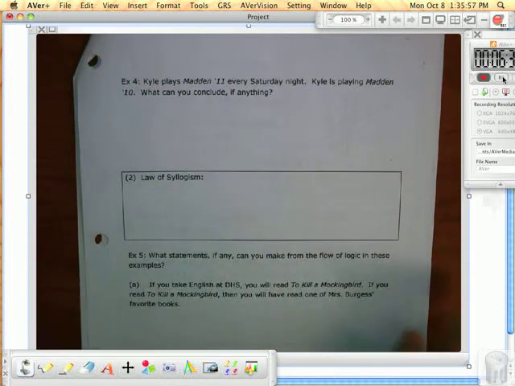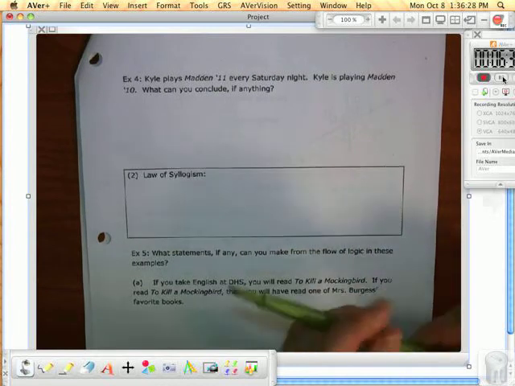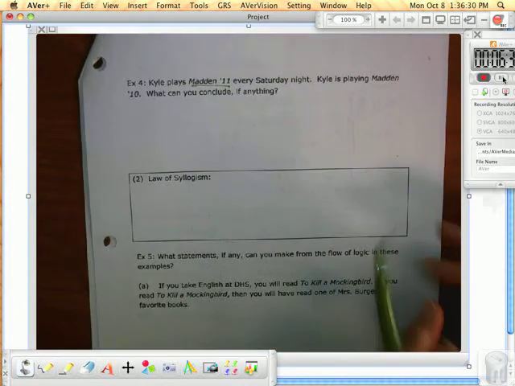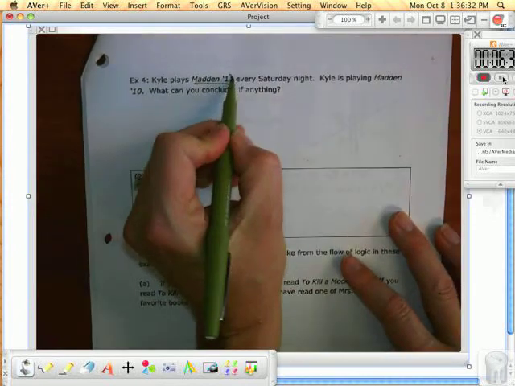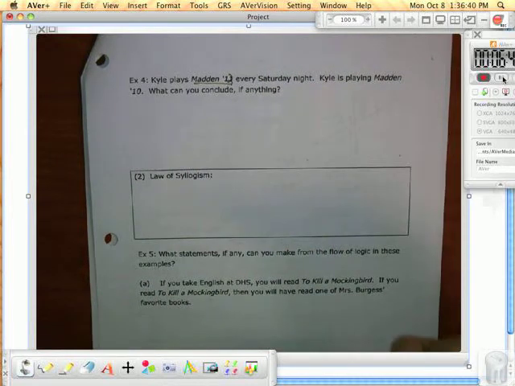Okay. Kyle plays Madden 11 every Saturday night. Okay, make it 12 if you want. Kyle is playing Madden 10. What can you conclude, if anything? It's not Saturday. The only problem with saying that is we don't know if maybe Kyle's playing 12 and 10 on Saturday night.